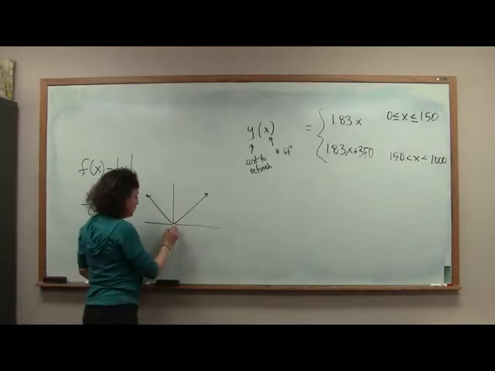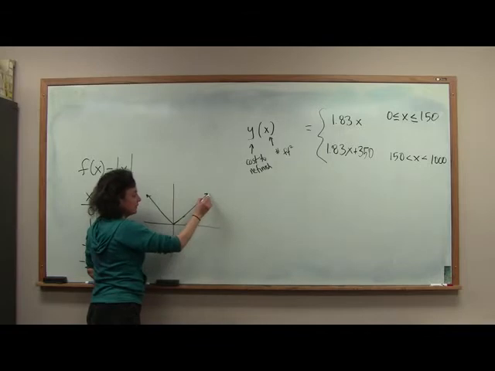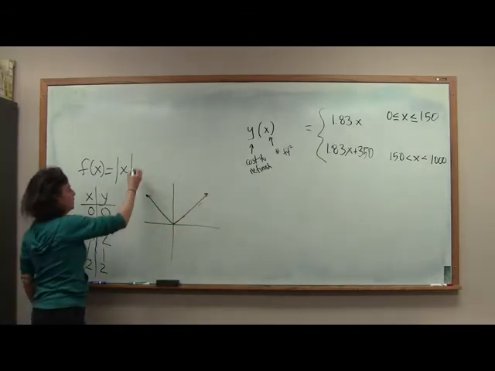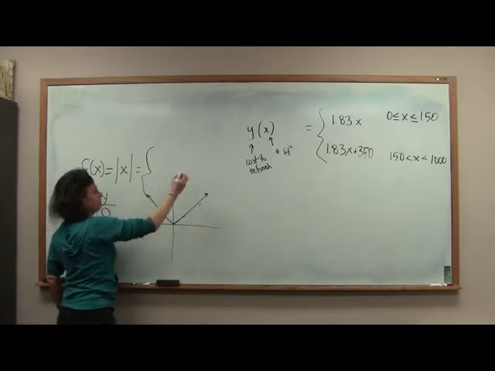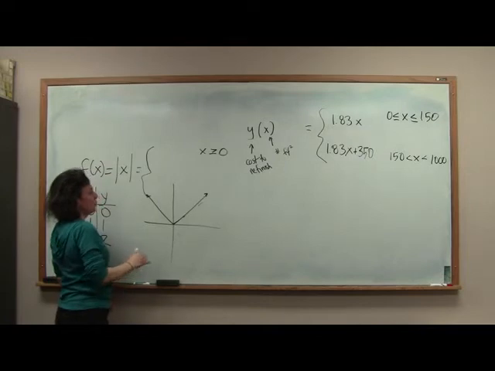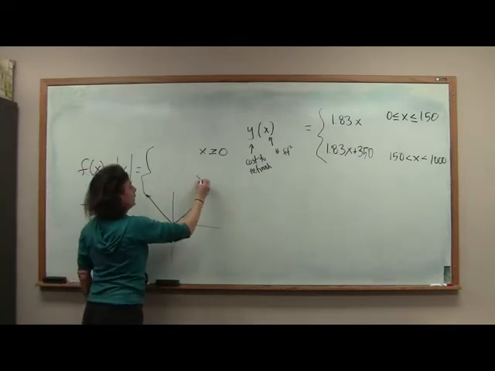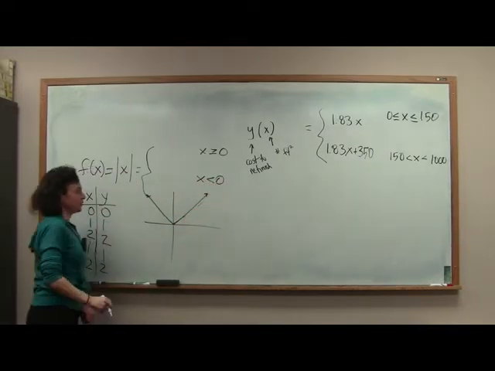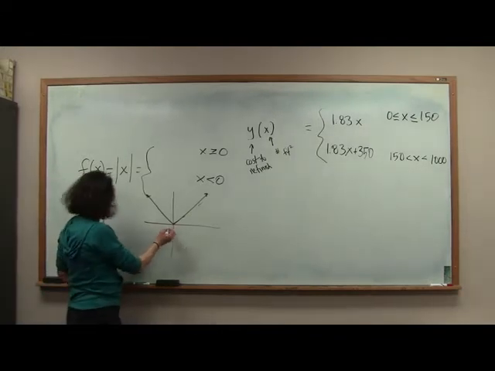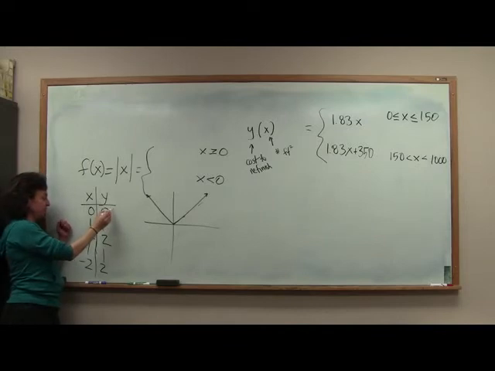But notice, couldn't we write this as the equation of two separate lines? In other words, when x is greater than or equal to 0, we can define it one way, and when x is less than 0, we can define it another way. For example, let's look.